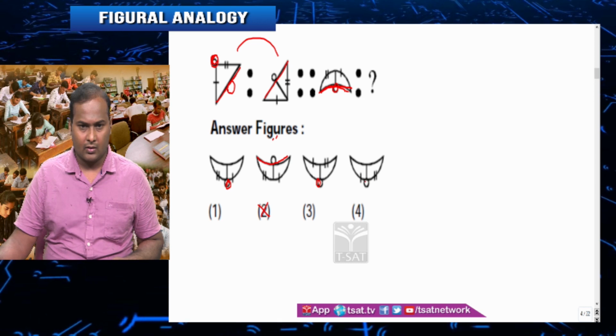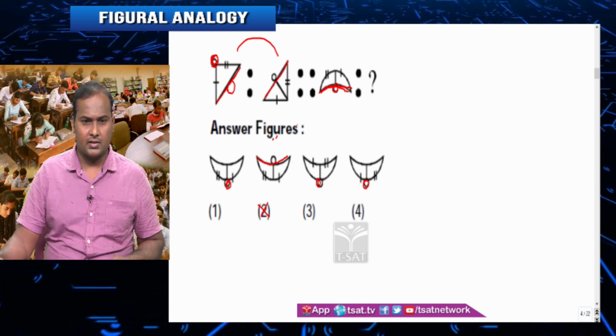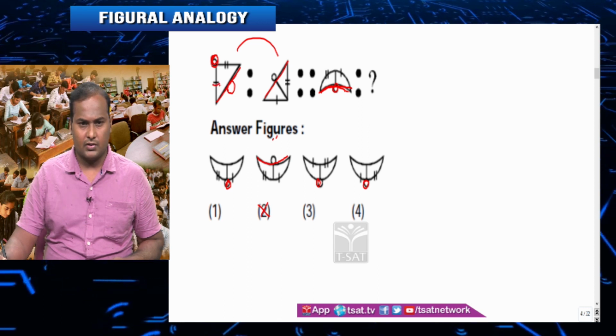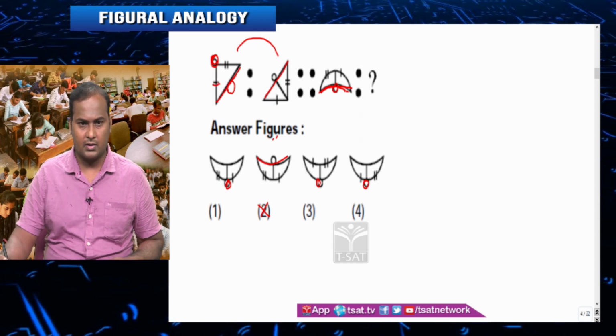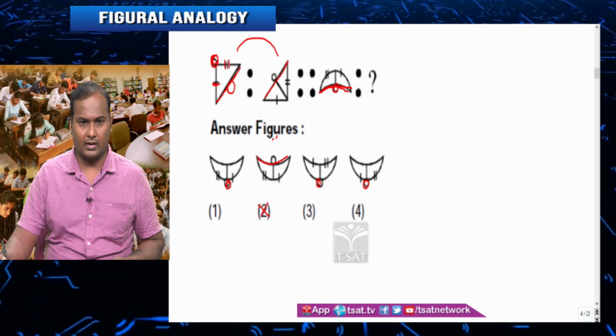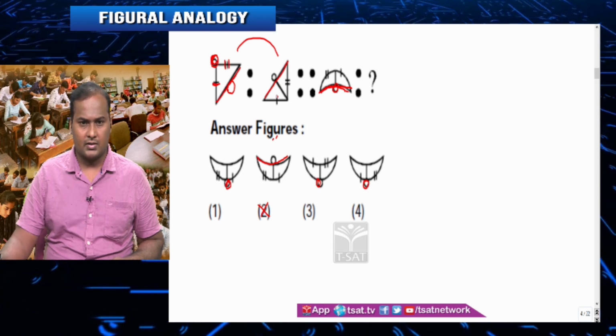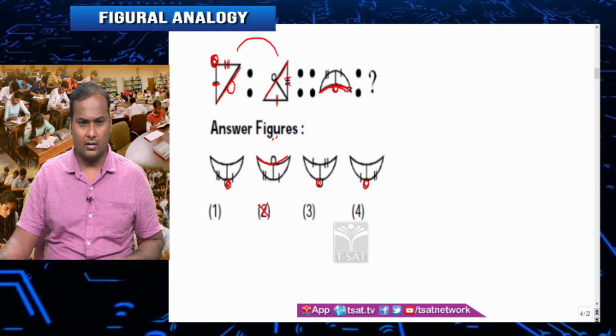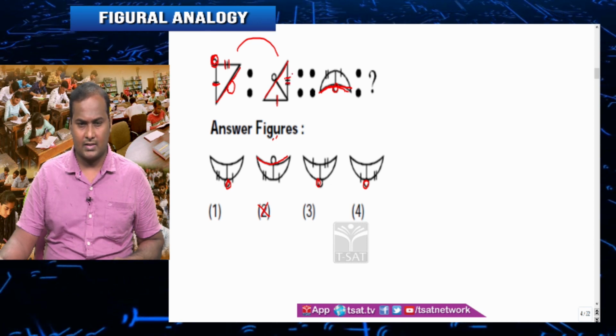Now the next thing that you need to check is the position of lines. In this case, the position of lines is not changing much, the direction is the same. So this will be on your left side and this on your right side, imagine. Here also it is the same thing, left side and right side. There is no much change in the position of dots as well.